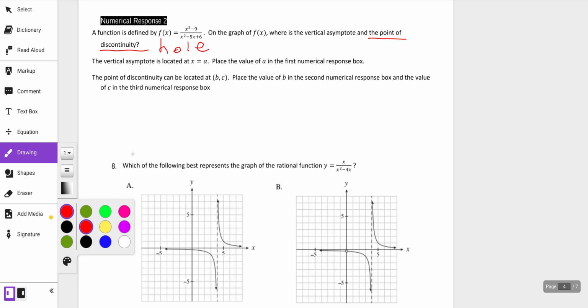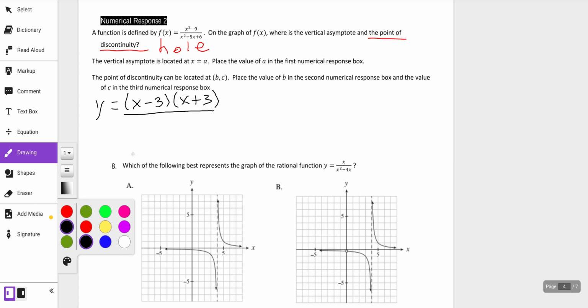Okay, to figure out where our asymptotes and holes are, we have to simplify this thing. Before we simplify it, we factor it. On the top, that is a difference of squares. That's x minus 3, x plus 3. In the denominator, that is a diamond method.